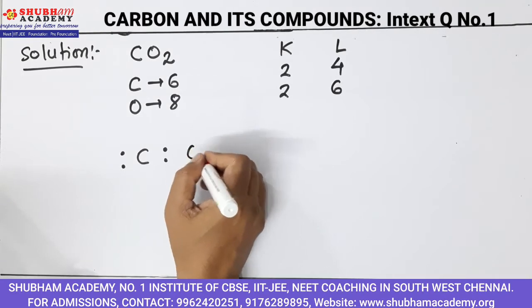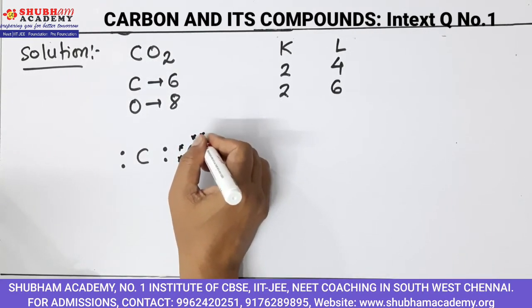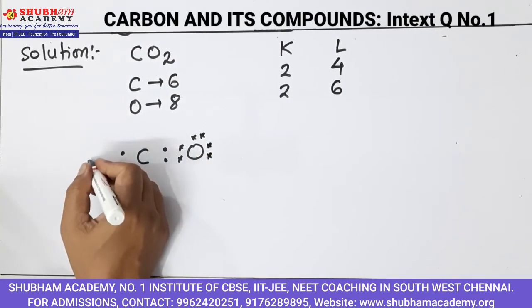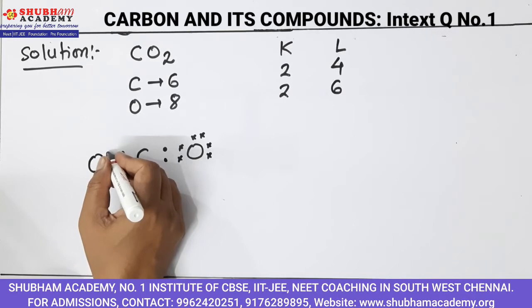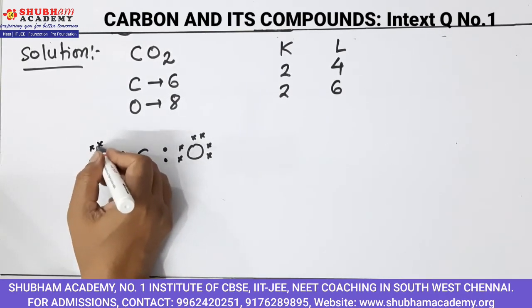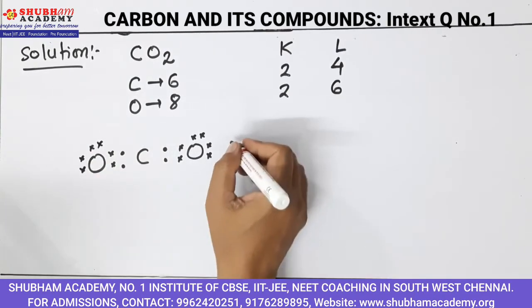followed by oxygen 1, 2, 3, 4, 5, 6. These are 6 valence electrons. Then another oxygen 1, 2, 3, 4, 5, 6, right?